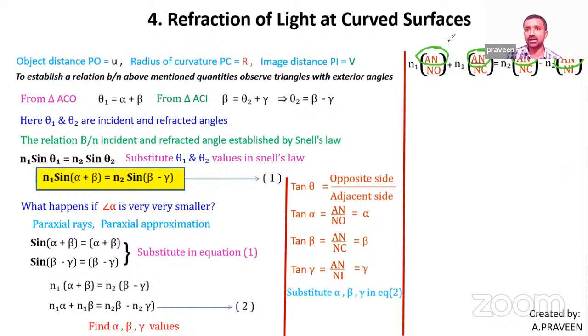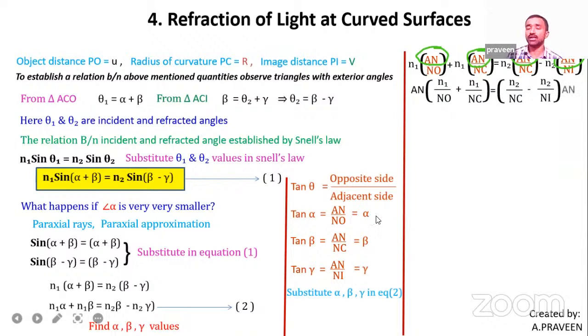So take AN common from the equation. What remains: n1 by NO, plus n1 by NC, equals AN common times n2 by NC minus n2 by NI. Now we can cancel them. AN is common on both sides, so AN and AN cancel.